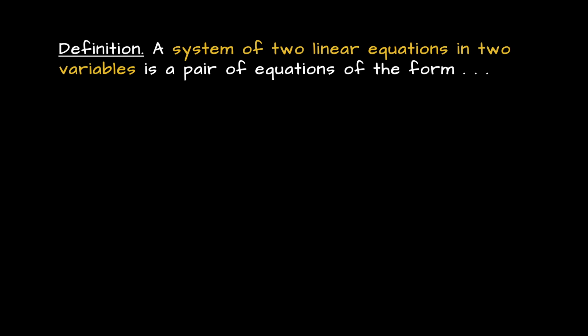Now, before we get to the solution of our puzzle, let's step back and try to analyze these systems of equations more generally. By definition, we're going to say that a system of two linear equations in two variables is a pair of equations of this form.